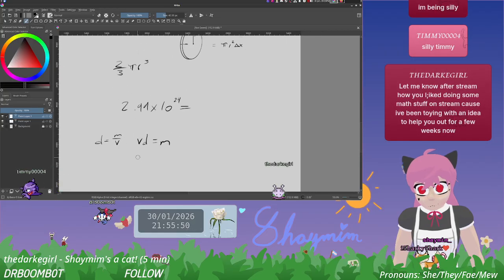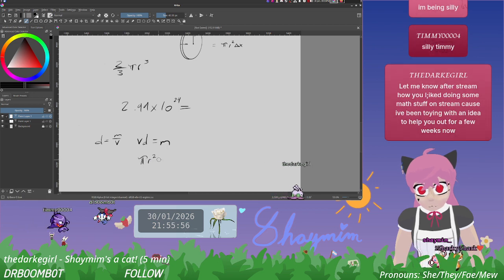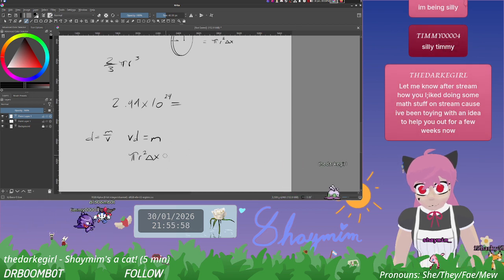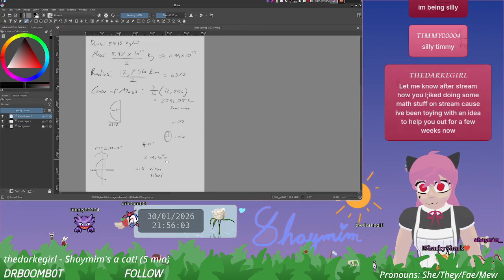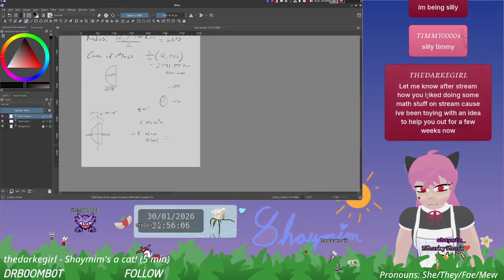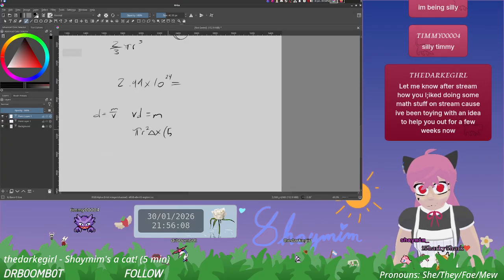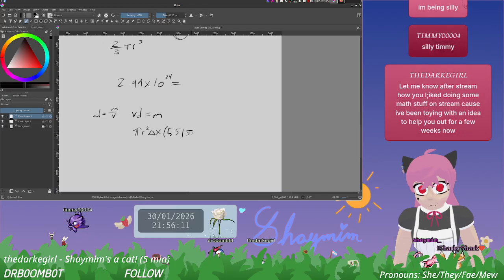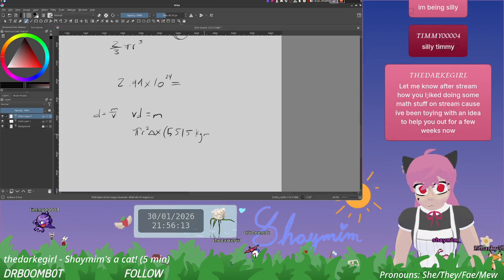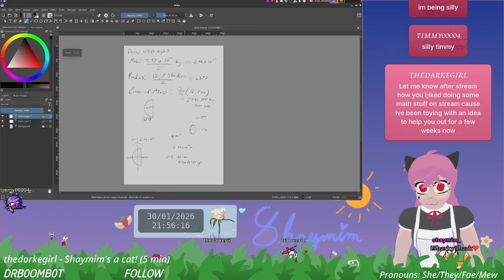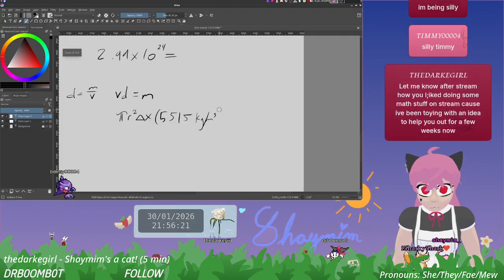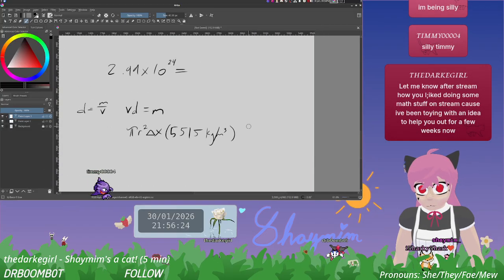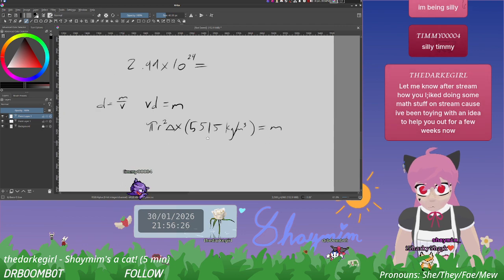So we can write pi times radius squared delta x times the density, which is 5,515 kilograms per meters cubed. Right? Alright, so we have this equals the mass.